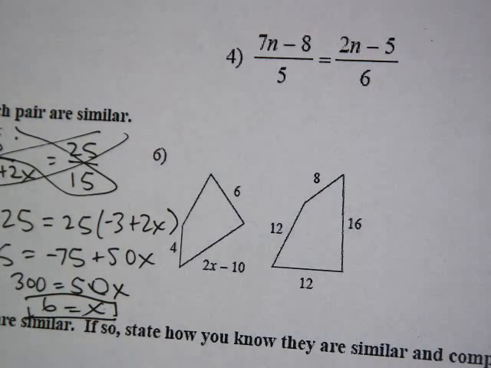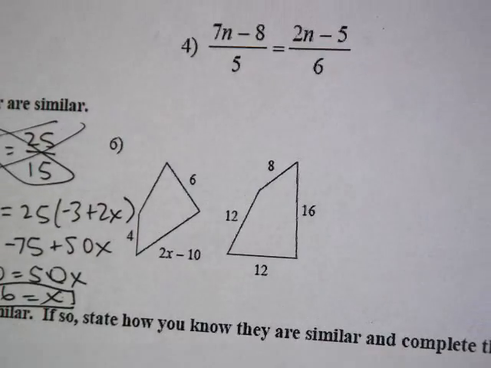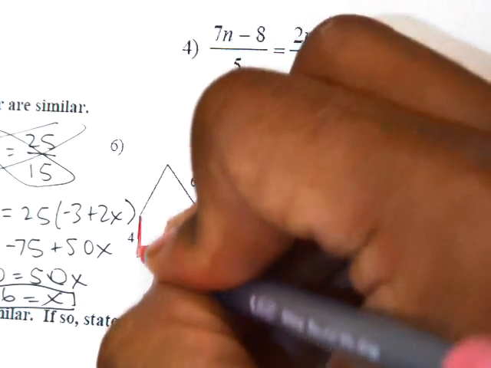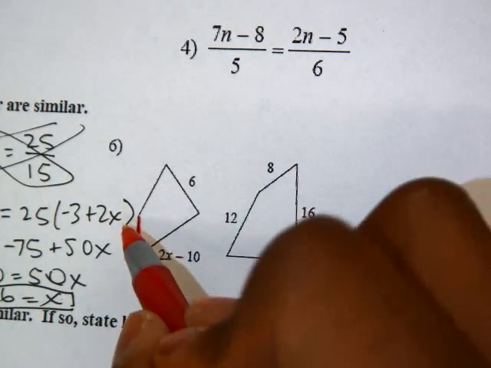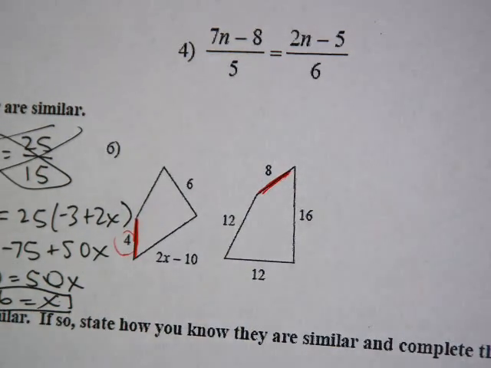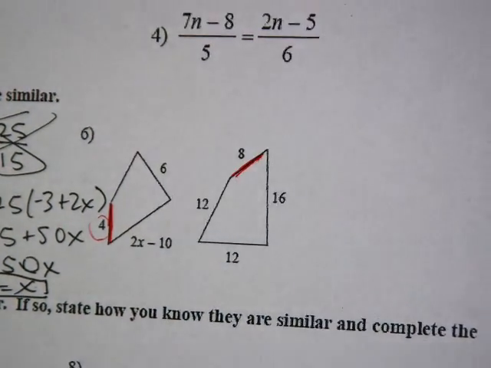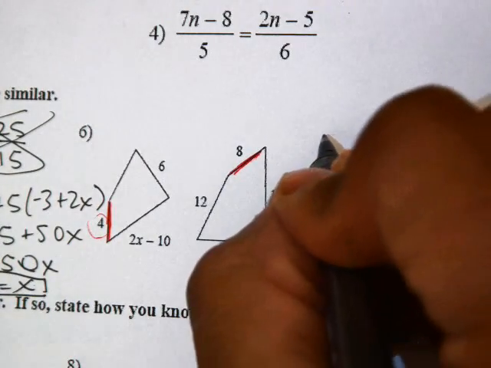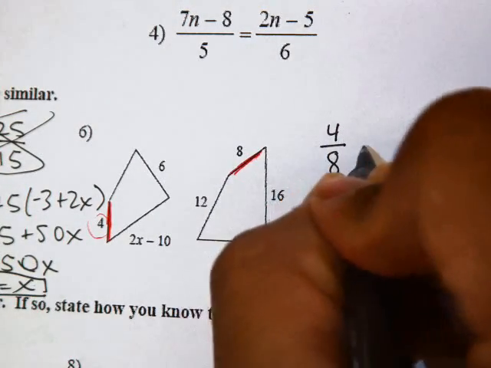In number 6, it's a little trickier to find matching parts, and there's a lot more corresponding parts here. So, from what I can tell, this is the shortest length here, in this shape, and that's a 4, and this 8 is clearly the shortest length on that quadrilateral. So I'll compare 4 over 8.